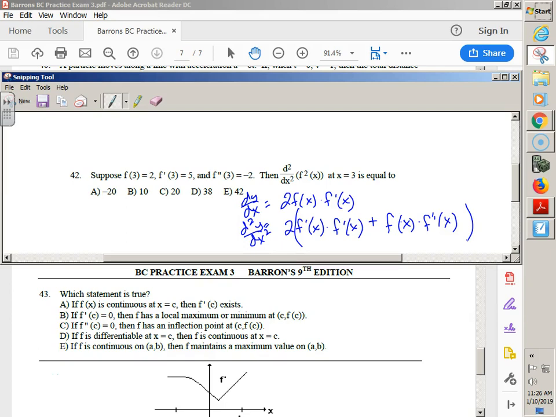And the second derivative was going one more time. And then plugging in your 3, and then putting in your clues. Is that cool? You'd have 2 times f prime squared, and f prime of 3 is 5, plus f of 3 times f double prime. So you have 25 minus, negative 2. 25 minus 4 is 21, times 2 is 42.